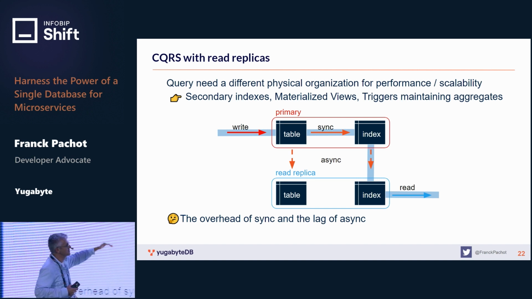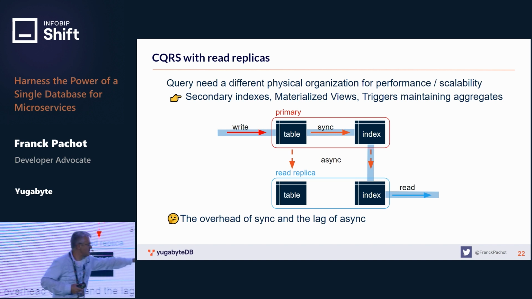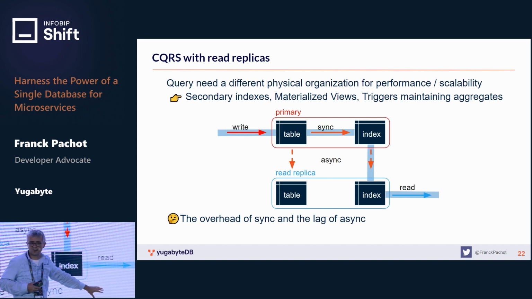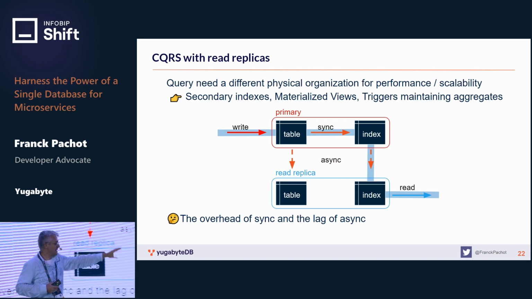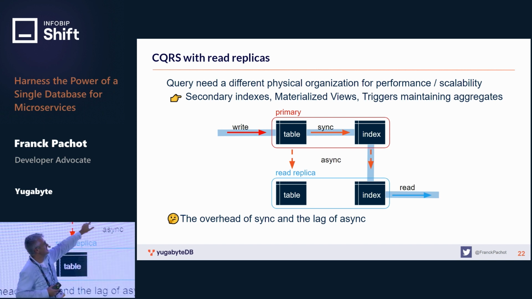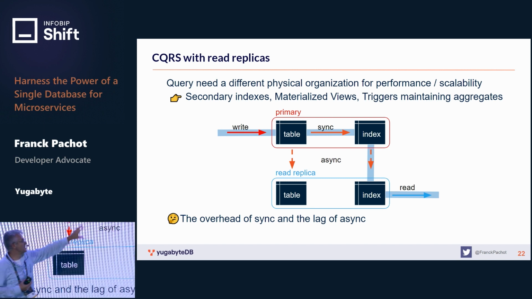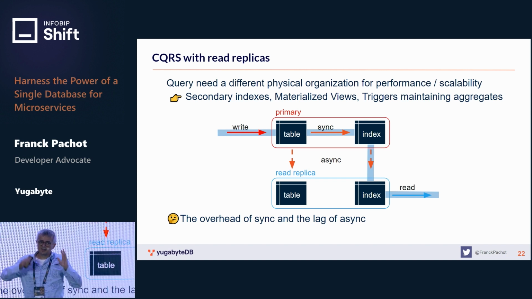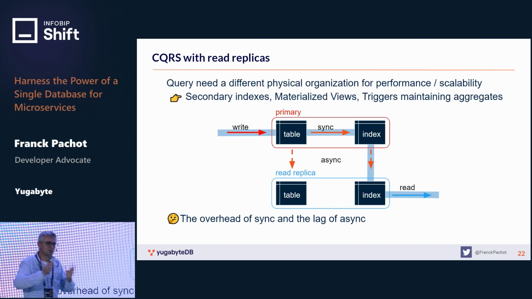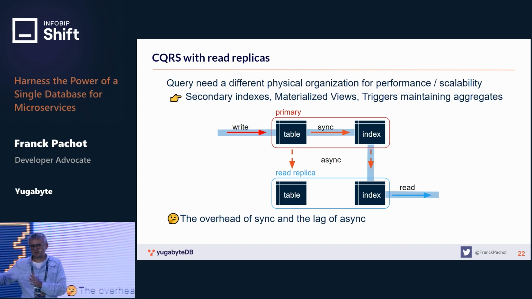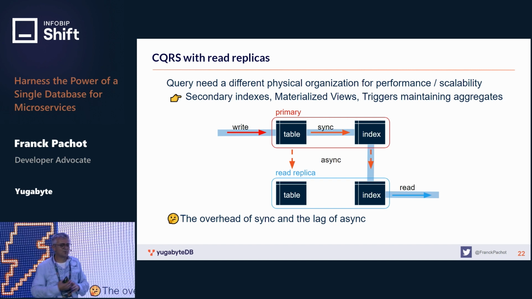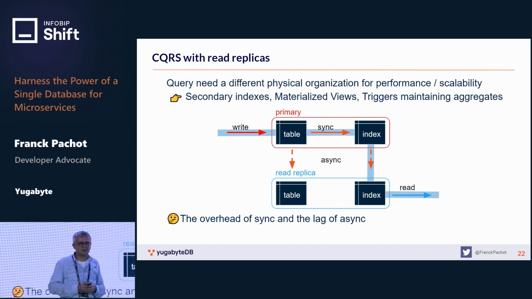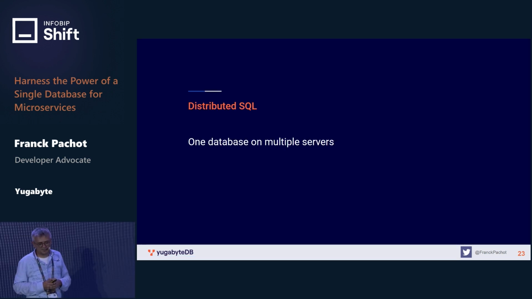So you think you decoupled because you are reading on a different instance, but to be able to read on this different instance efficiently, you need to change the primary schema, and you need to replicate a lot of data. So it is good to separate and know which services do not need consistent reads and do not write, but that doesn't mean that you can run them on a read replica and it will be fully decoupled.